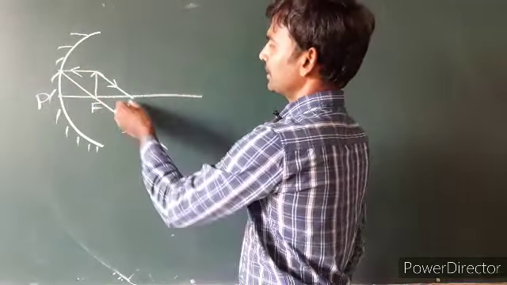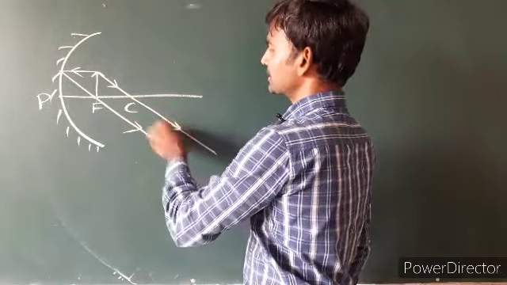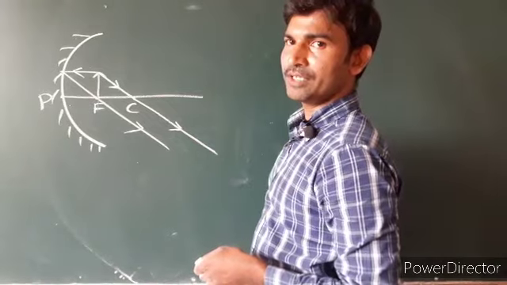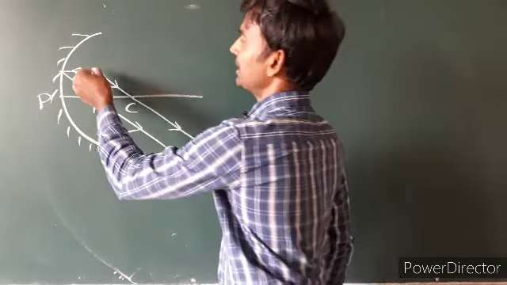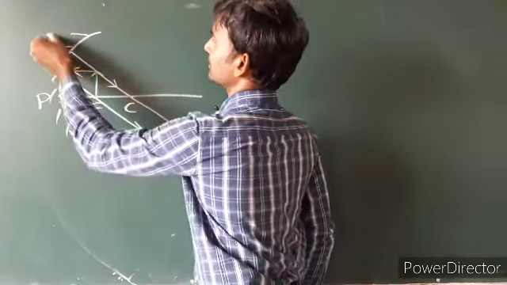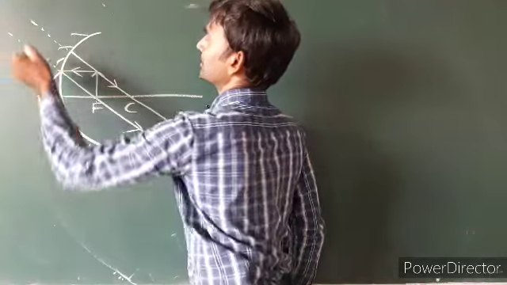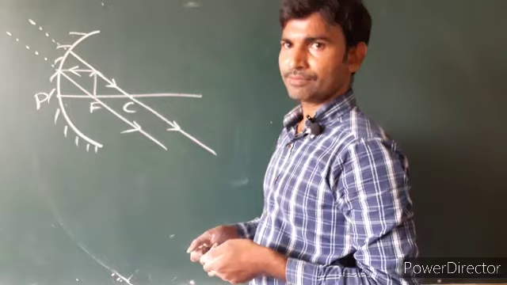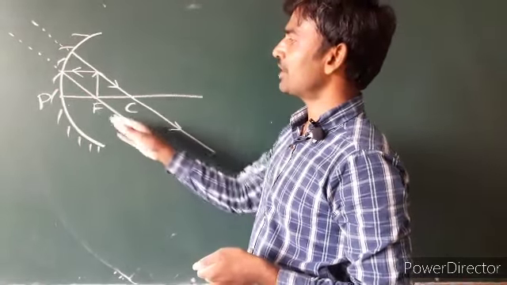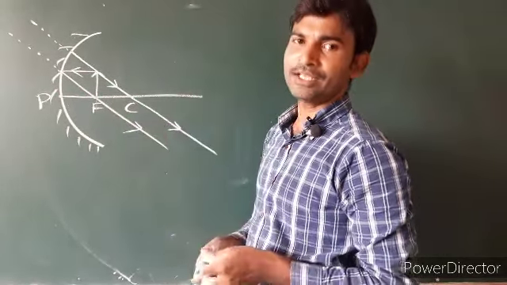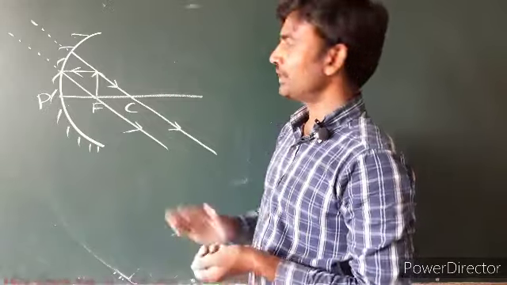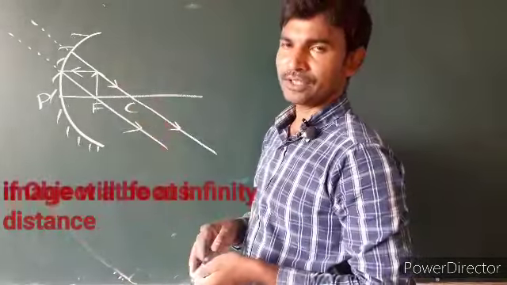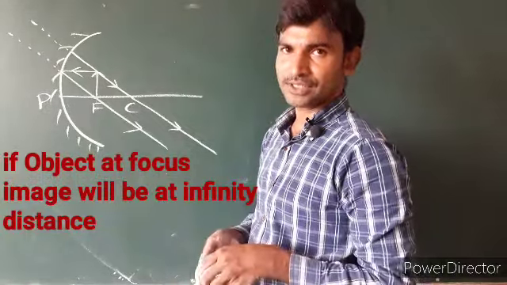If they go like this, there is no meeting point, even by extending. So if the object is on the focus, we can't get an image. These two cannot meet. That's why we are not getting an image in this case.